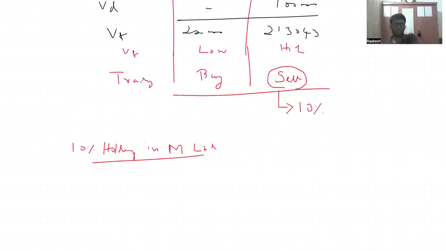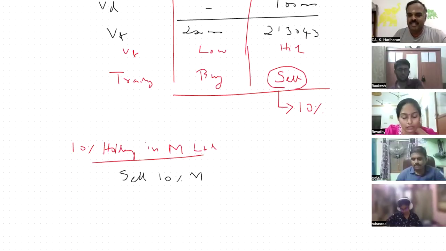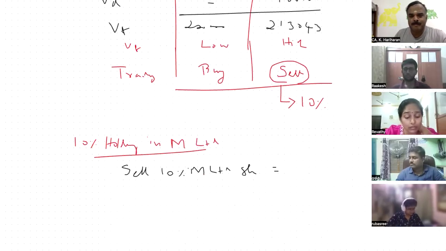If you sell 10%, you'll get 11,304 rupees. Where do you have to buy? You have to buy in the unlevered firm, N Limited.